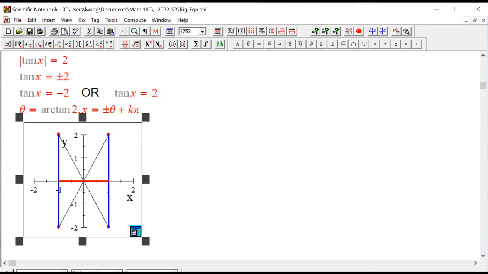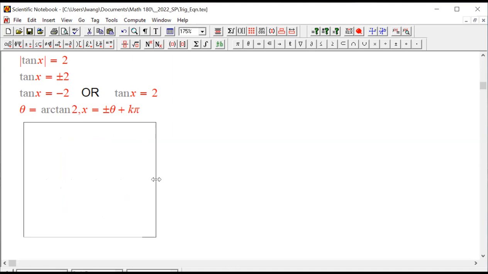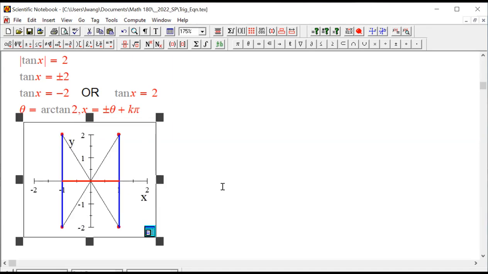If you like, I think this will be complete in the sense that, recall the color tone we'll be using: red for X, blue for Y. So tangent is Y over X. Making that connection, you can clearly see what this is.